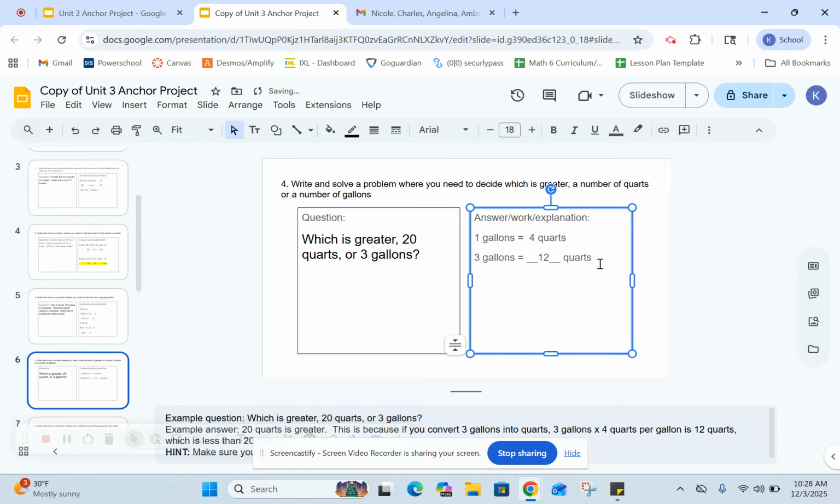So we know that 20 quarts is greater because it is more than 12 quarts, which is 3 gallons. All right, now you try.